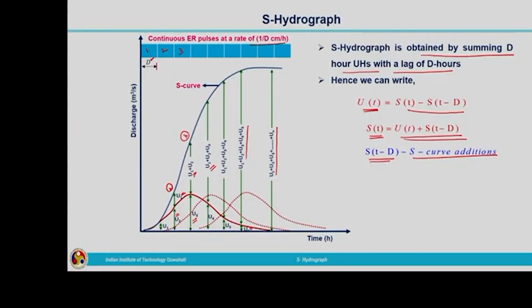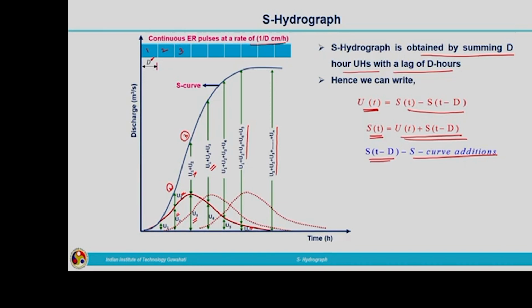If a unit hydrograph is there, we can derive the S-Hydrograph by making use of this principle. That is, the unit hydrograph ordinate is the difference between the ordinates of the S-Hydrograph at times t and t minus D. So, that much about the S-Hydrograph.